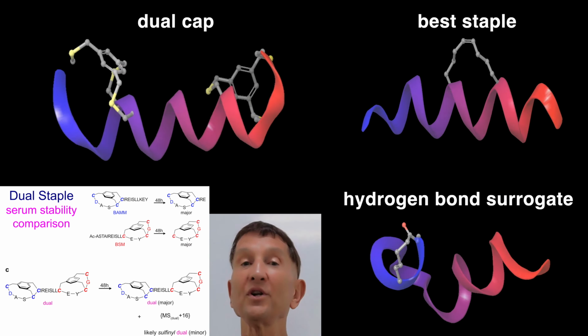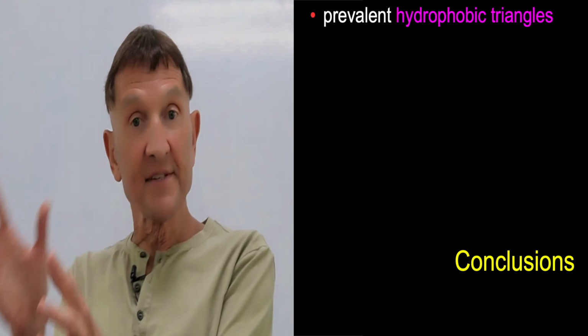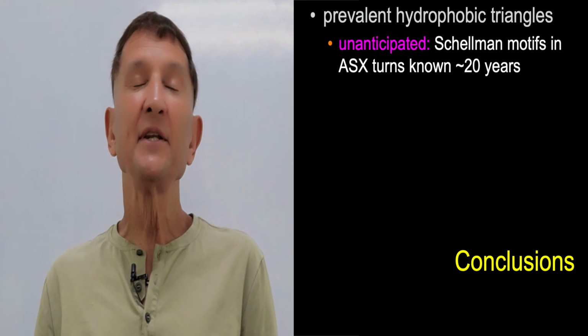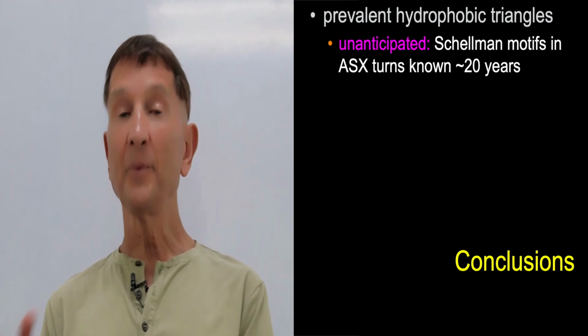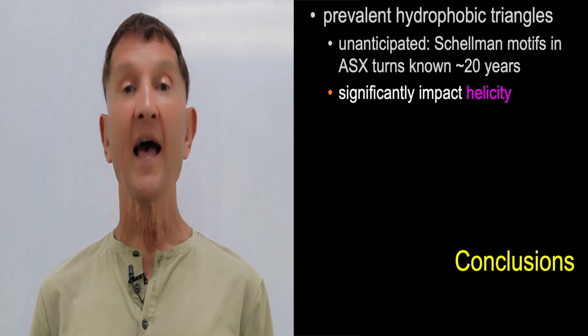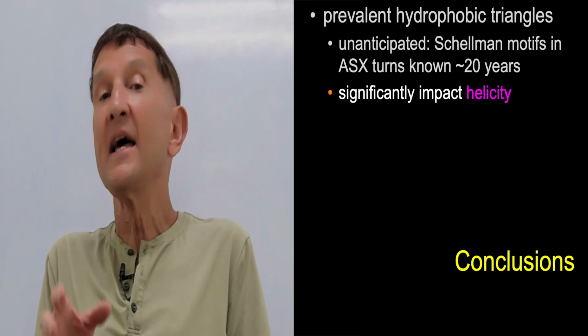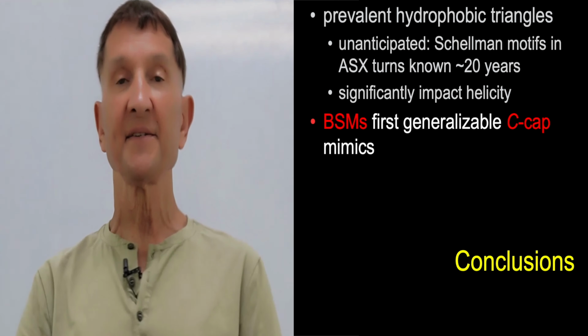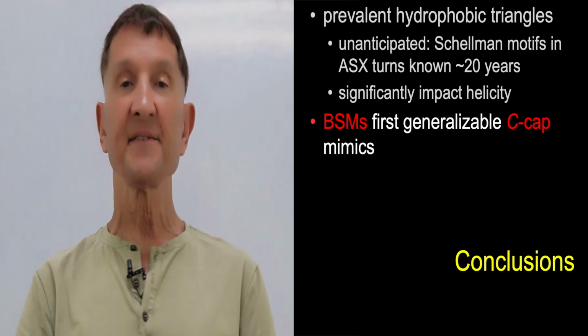So in conclusion then, the prevalence of hydrophobic triangles at the C-terminus was unanticipated because Sherman loops have been known for decades. Sherman loops significantly impact the helicity, and our mimics, BSM at the C-terminus, bicyclic Sherman mimics, hold the helicity quite rigidly at that end.